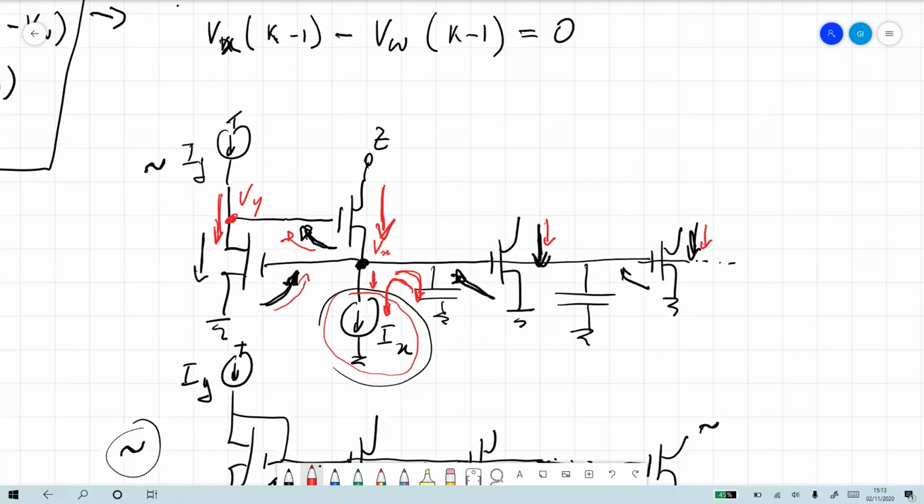What tries to change a lot is Vx. As soon as I try to change Vx, Vy will go up to the same value such that Vy minus Vx is the log of Ix. And so whenever Vx tries to change, the Ix and the negative feedback with this extra transistor here clamps it to the right value. And so that's why we can speed up the copy of the currents from Iy to all the output transistors. Again, it's a nice trick. It's not crucial for the winner take all, but I wanted to show it to you.